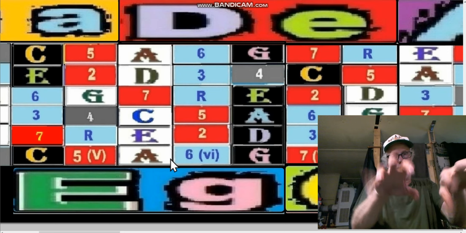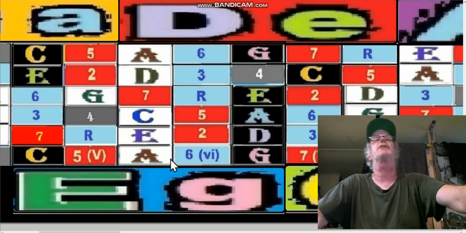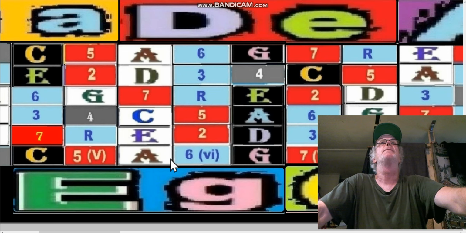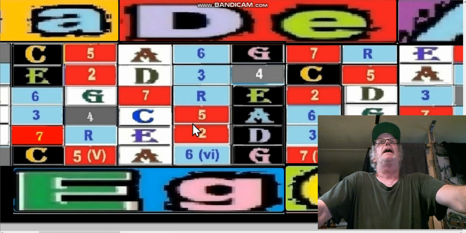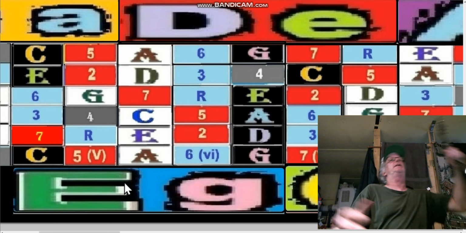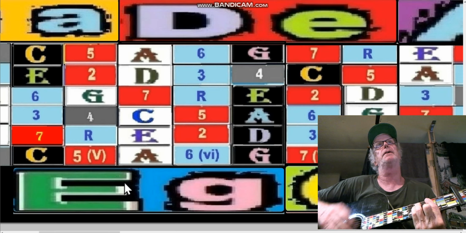Notice I just did inversions the whole way. That's like staying in the same cage. That's kind of what we're doing. Those inversions are the familiar chord shapes. So we did that. Again, we've got an E shaped in the G box, in the A box.